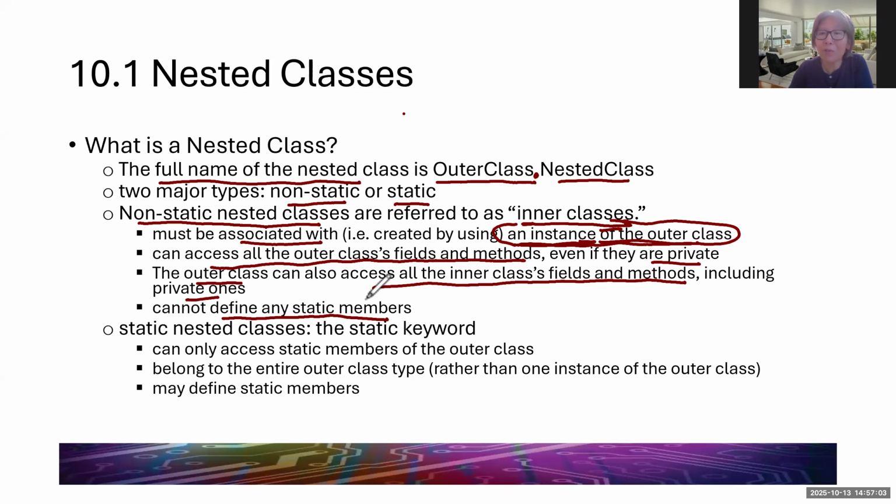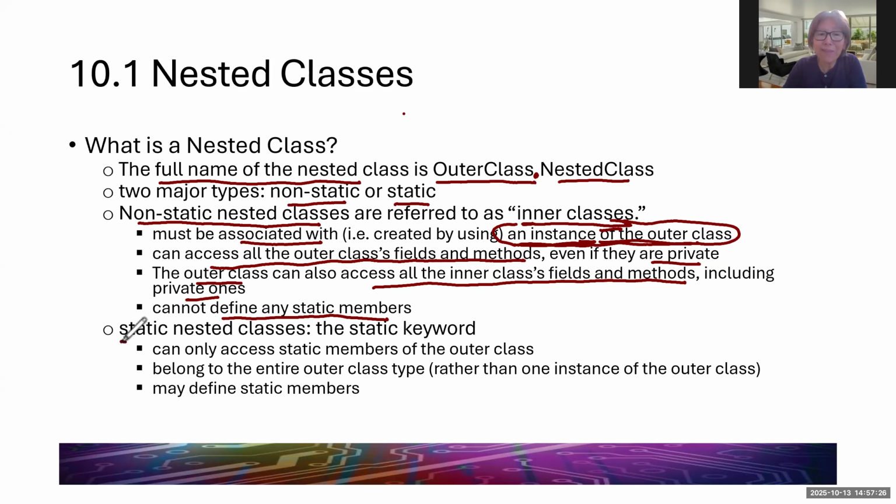That's a major difference between a nested class and a regular class. So you cannot define any static members, and access works both ways.